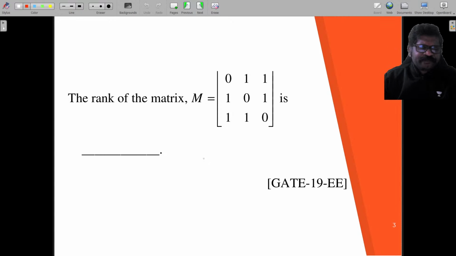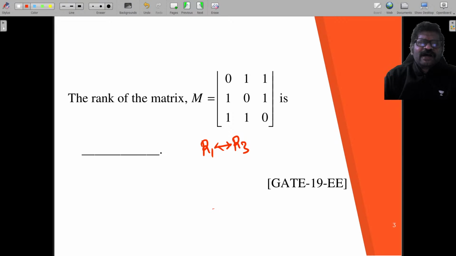Next question, rank of the matrix. First I am applying the operation R1 interchange with R3.